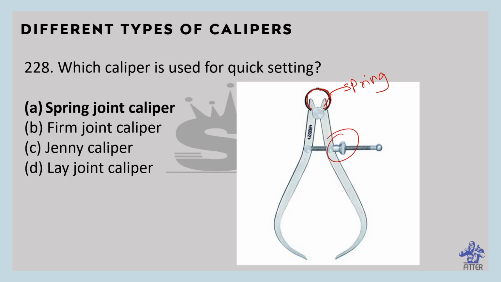And this setup is the nut and bolt, the adjusting nut. So it is used for quick setting. It is a transfer measuring tool, so it is an indirect tool.